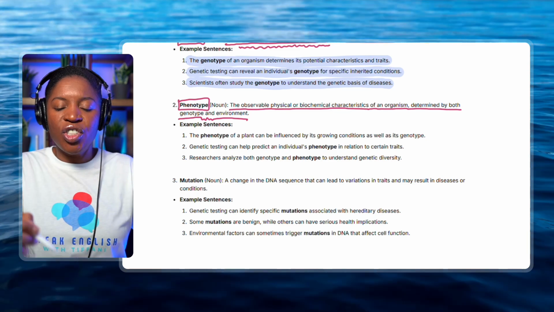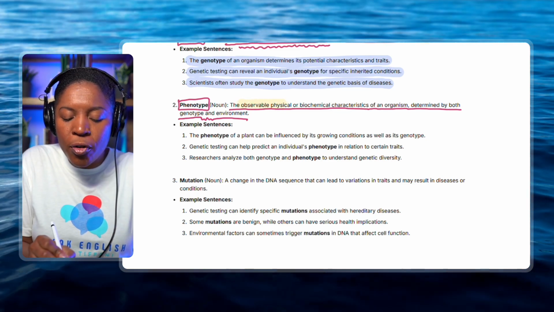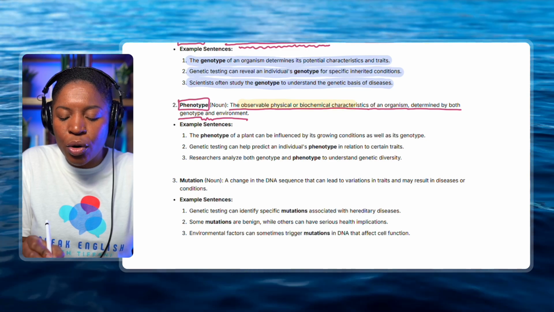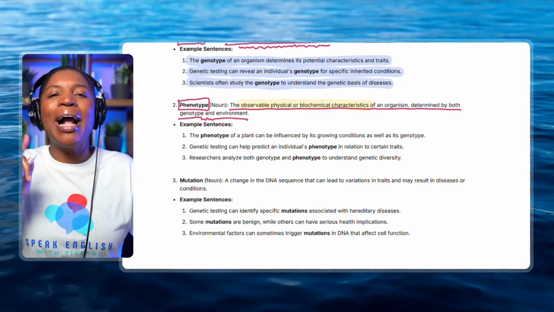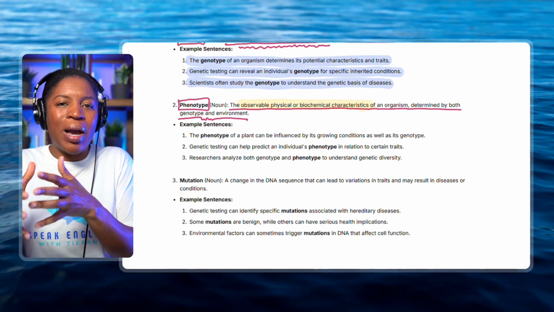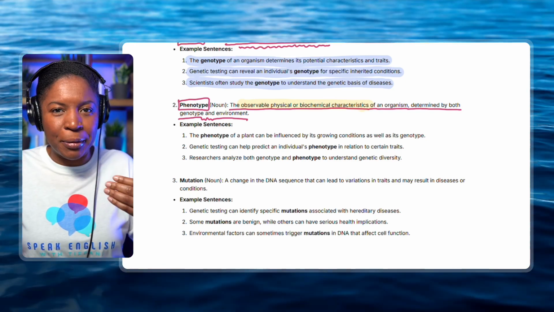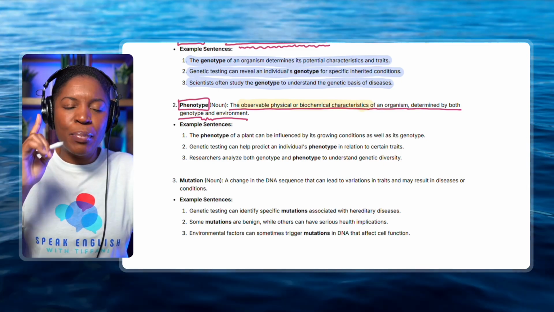The key to this definition is found at the beginning. The observable physical and biochemical characteristics of an organism. What can be seen, the structure of an organism. This is what is referred to as phenotype. You got it? All right, now let's check out these example sentences.